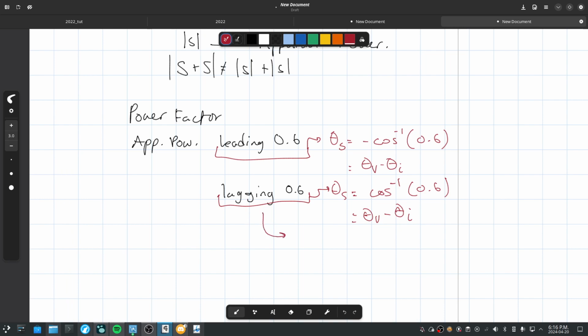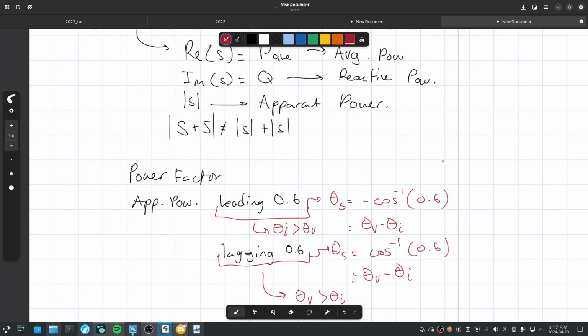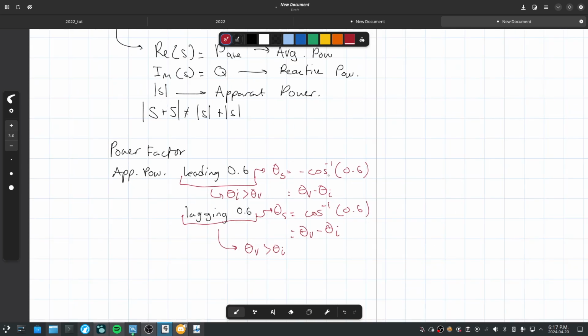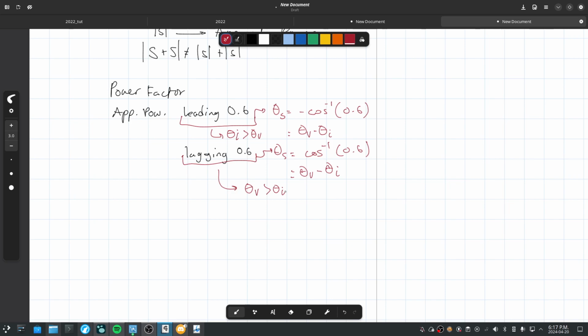This occurs when angle V is bigger than angle I, and this occurs when angle I is bigger than angle V. That isn't that important, but I'm just trying to connect these mathematical relations together for you. That is apparent power. We represent power in what we call a power triangle.